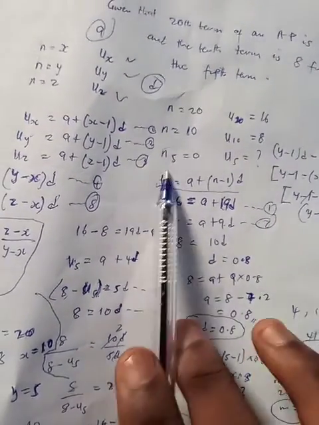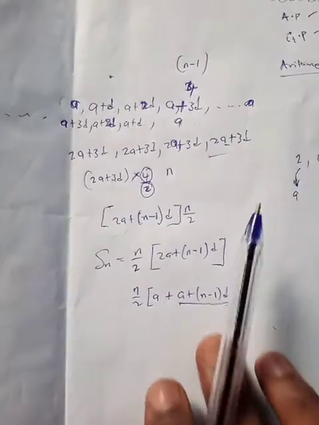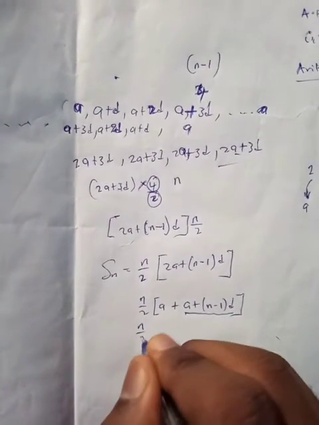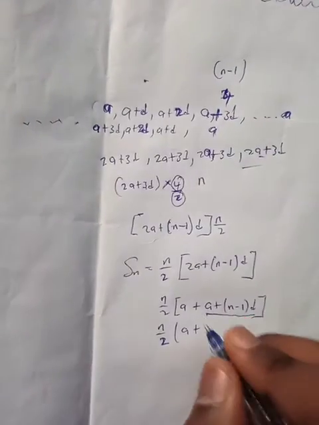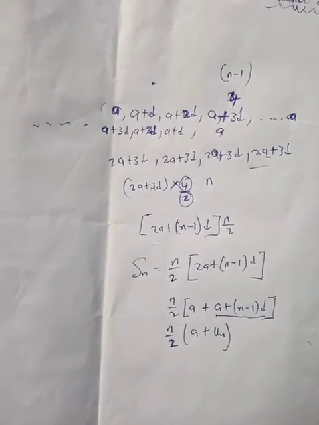That it was Un, the general nth term. So he quickly replaced the general nth term there. So he said n over 2 into bracket a plus the general nth term. Simply as that.